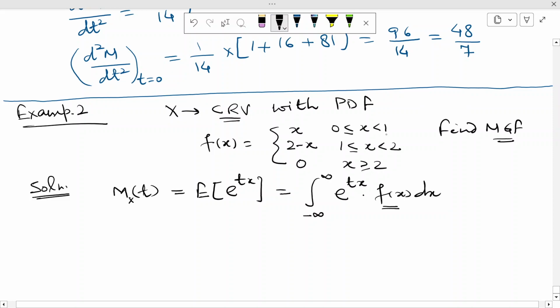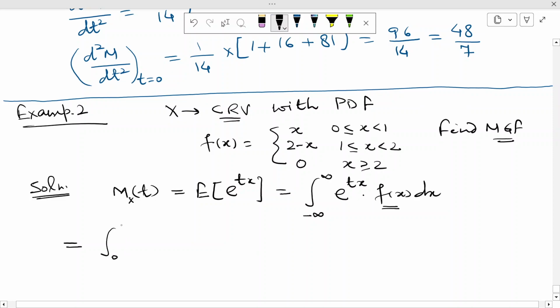So in the interval 0 to 1 it is x, and in the interval 1 to 2 it is defined as 2 minus x, and for all other values, meaning the values greater than or equal to 2, it is 0. So using this we modify our limits. So the first interval where our function is defined is 0 to 1.